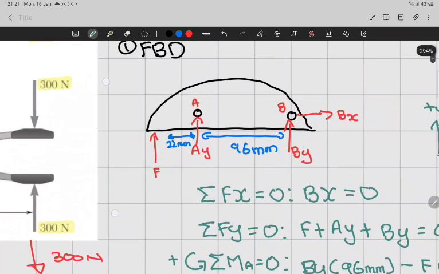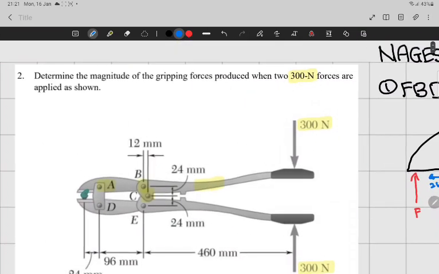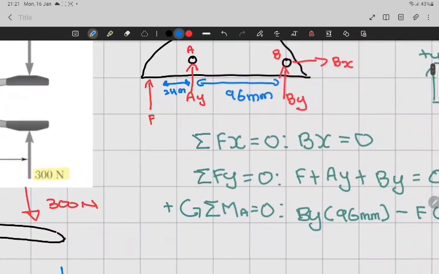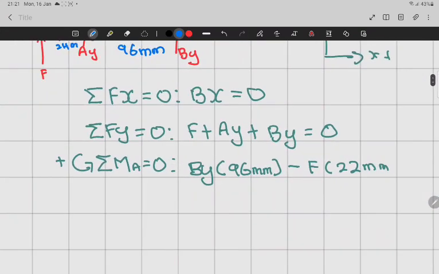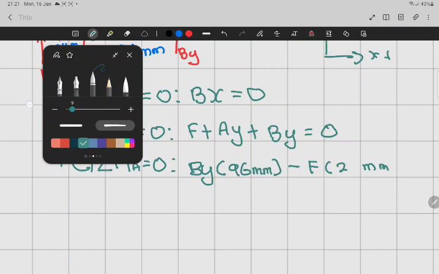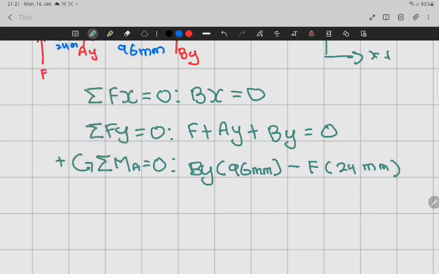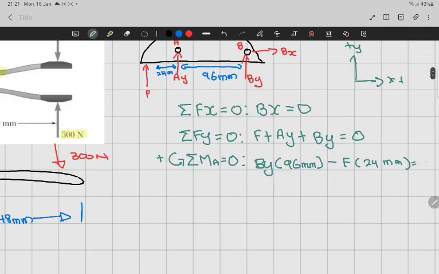Oh sorry, it is actually 24. So over here is 24, equal to 0.